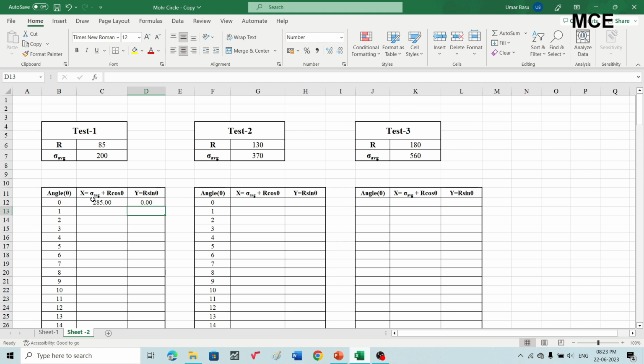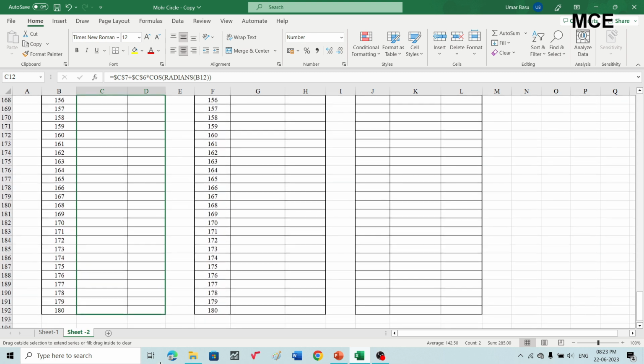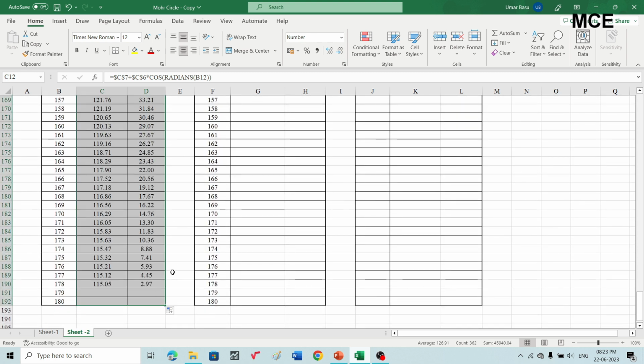To get the x and y coordinates for the rest of the angles, you will select these two and then drag it till 180 degrees, and Excel will automatically calculate the x and y coordinates for the rest of the angles.